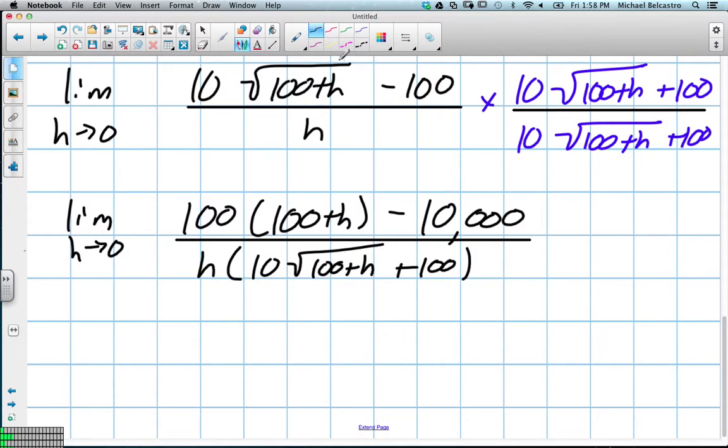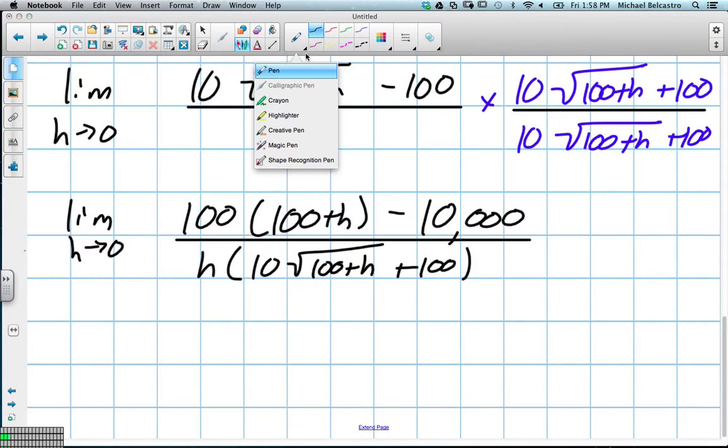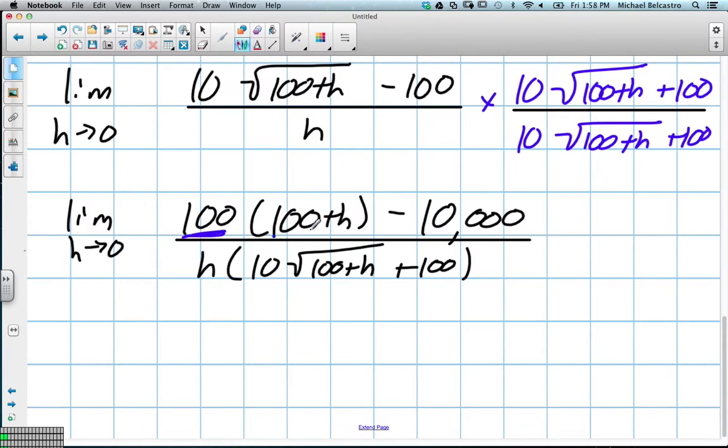Now these two values, if we look, this will become 100 times 100, which is what? 10,000. So we're going to have positive 10,000 minus 10,000.